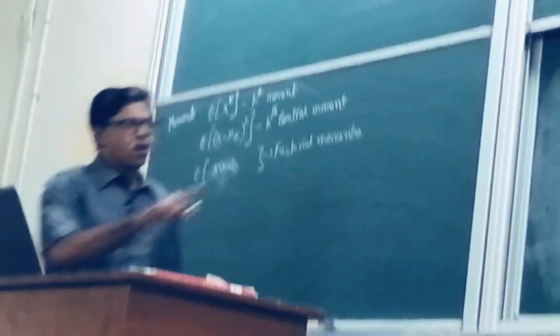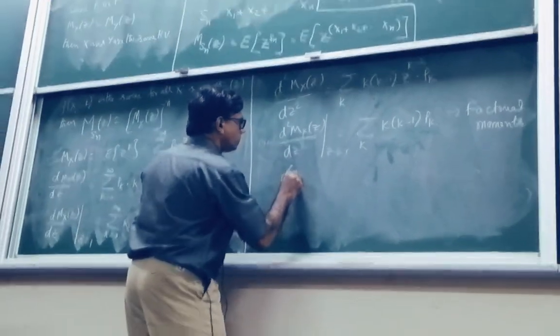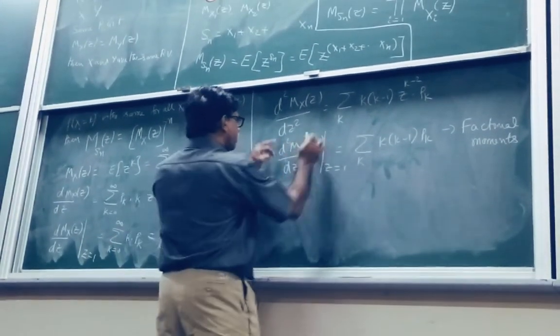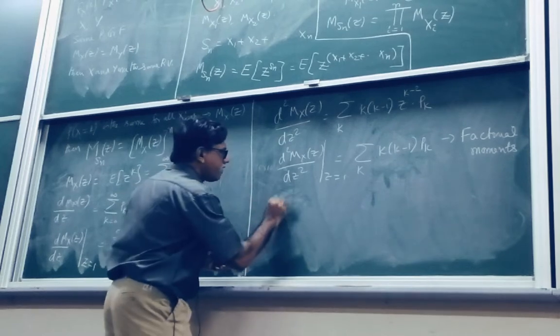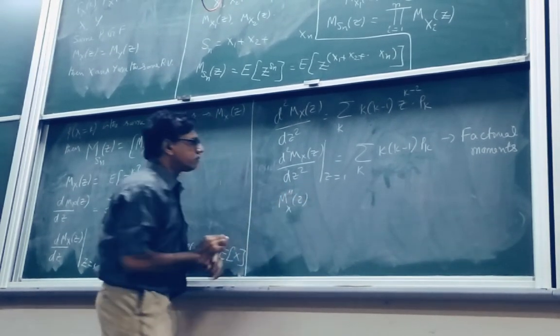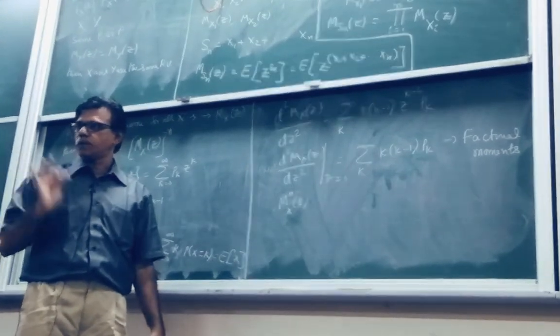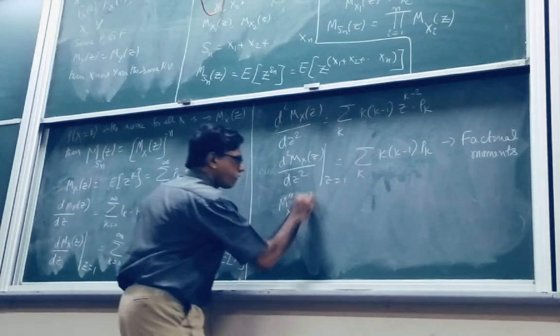Well, now what we are interested in, this is what we get. Suppose we want the variance, how do we do it? I will write it in a compact form. I will write it as m double dash of x at z. This dash indicates the number of derivatives with respect to z at z equal to 1.